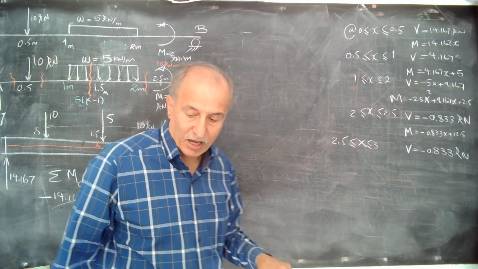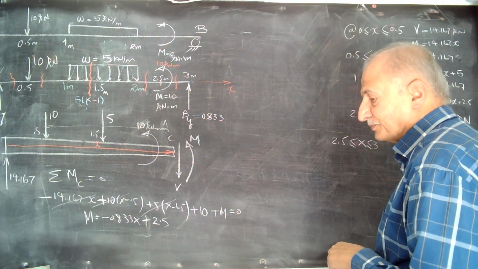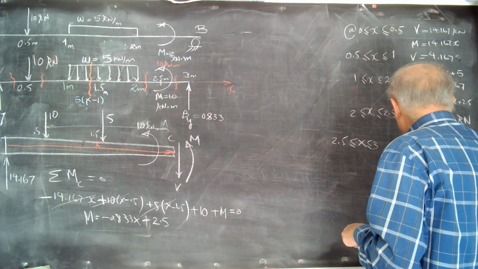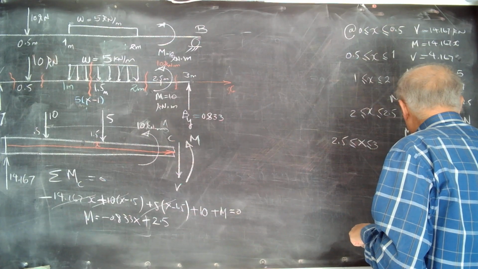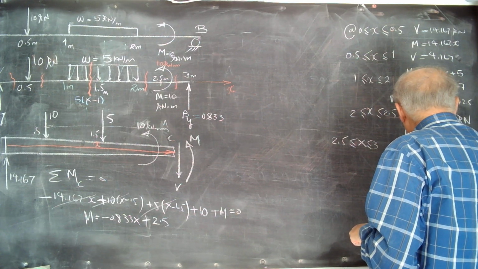This is M, actually, that is M equal to minus 0.833x plus 2.5.